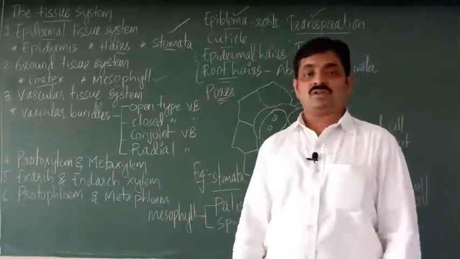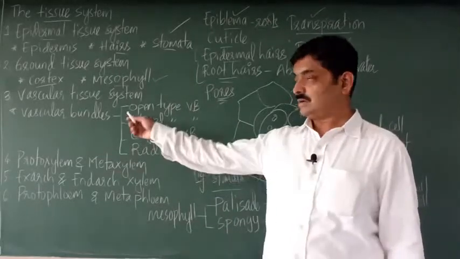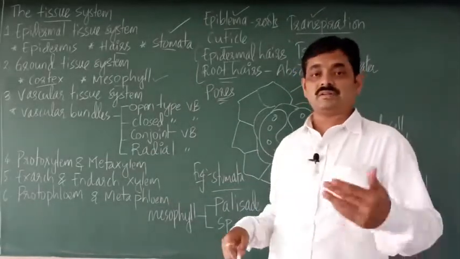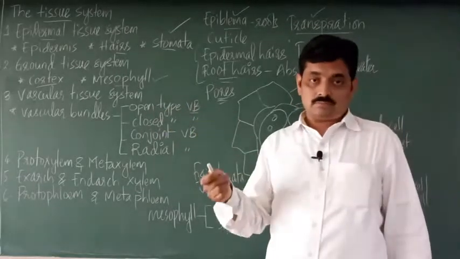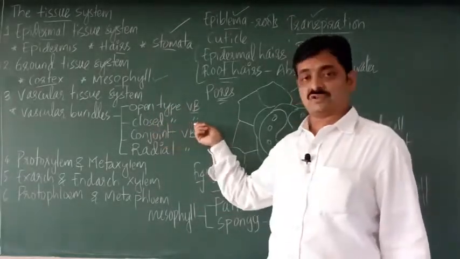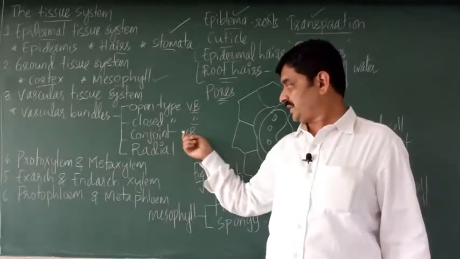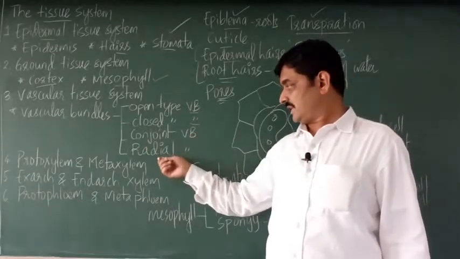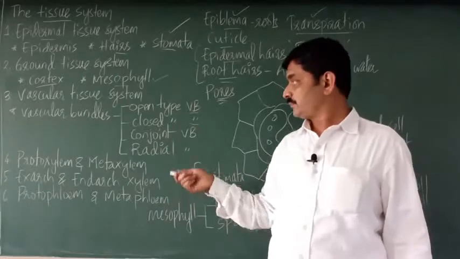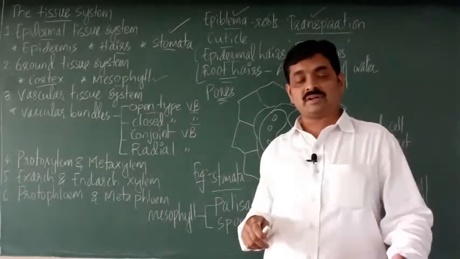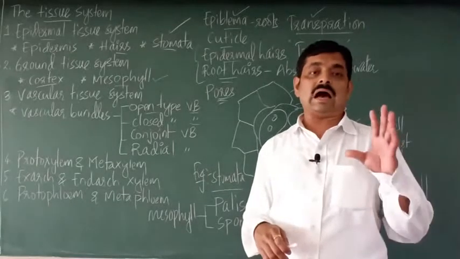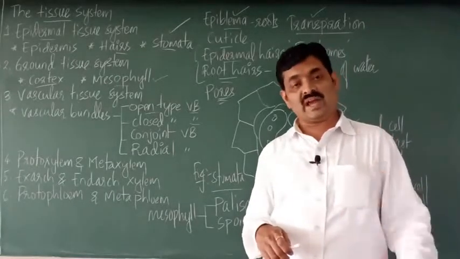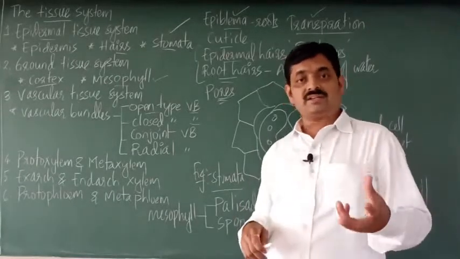So the types of vascular bundles. Vascular bundles are classified as open type vascular bundles, then closed type vascular bundles, conjoined vascular bundles, radial vascular bundles. So first, open type. Open type vascular bundles are the vascular bundles where you find cambium.